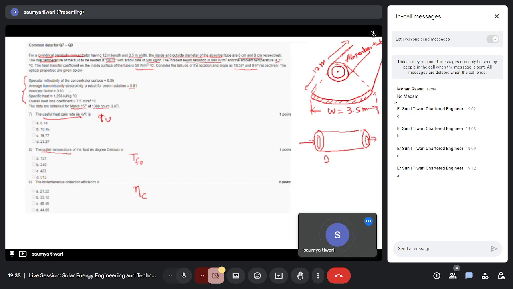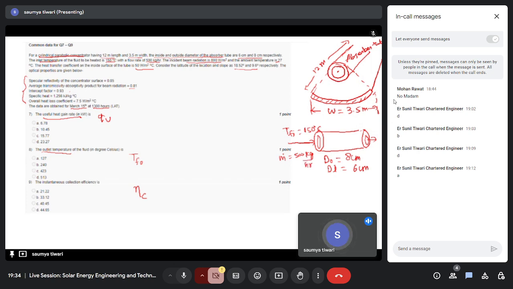The outside diameter is 8 centimeter and the inside diameter is 6 centimeter. The inlet temperature of the fluid is given as 150 degrees Celsius. And the mass flow rate is given as 500 kg per hour.